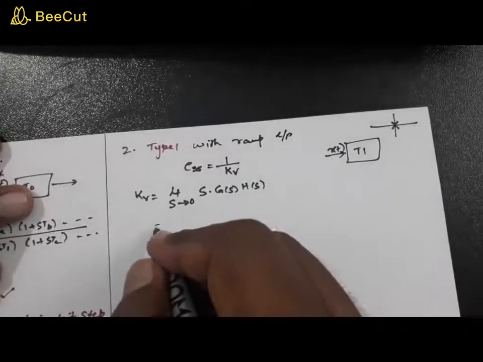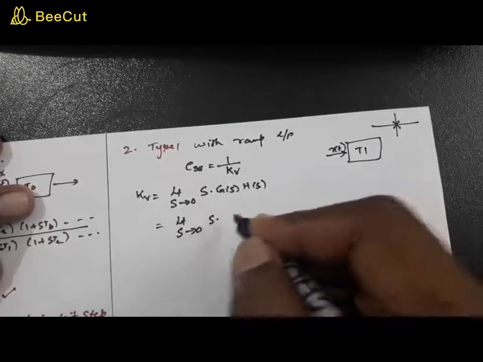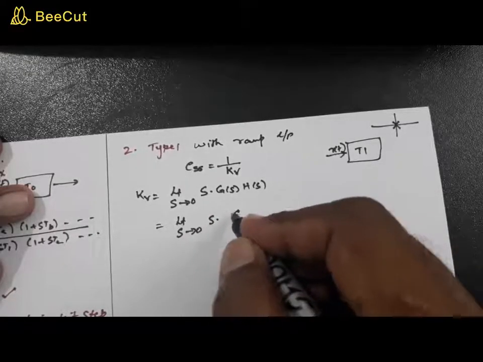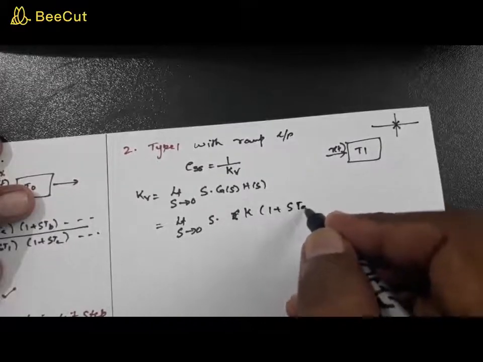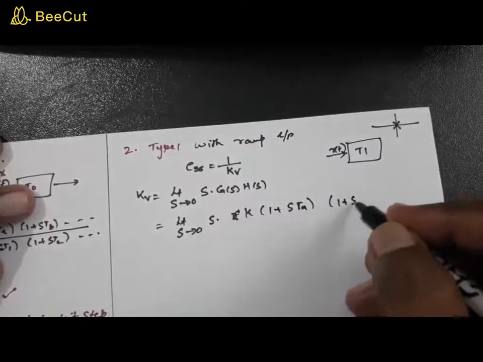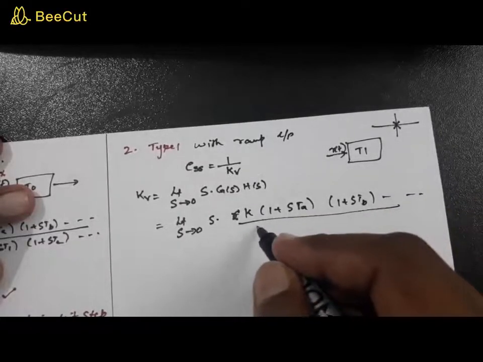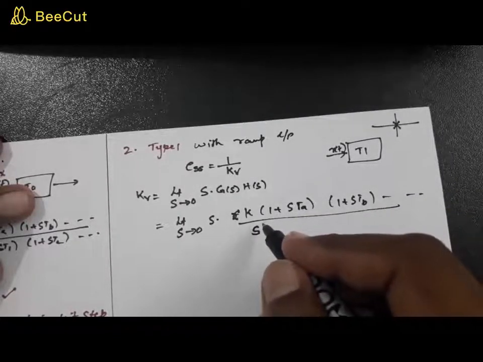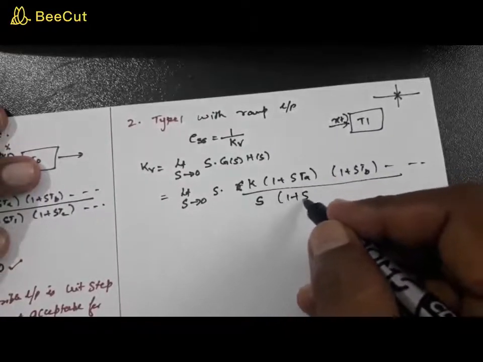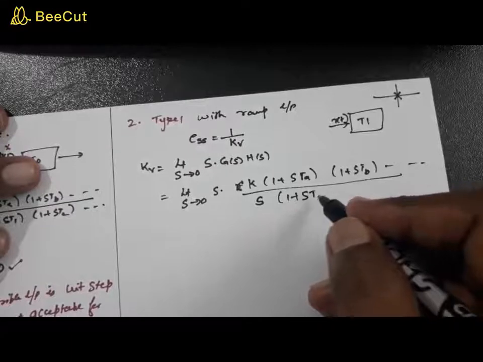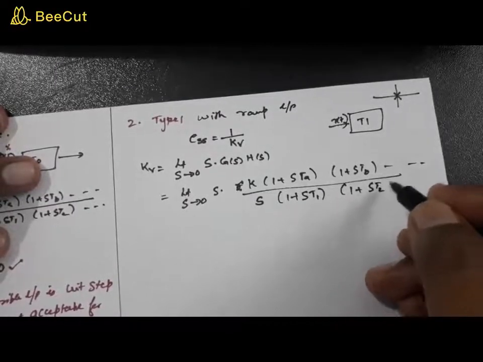Now, to find this, using the general transfer function, you will get s into K into (1 plus sTa) into (1 plus sTb) and so on, divided by s raised to 1 into (1 plus sT1) into (1 plus sT2) and so on, right?